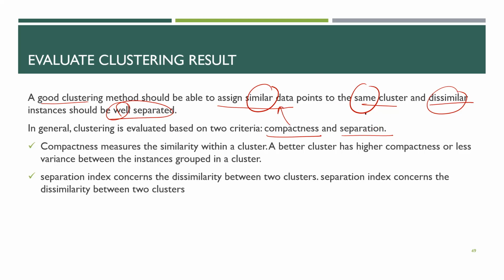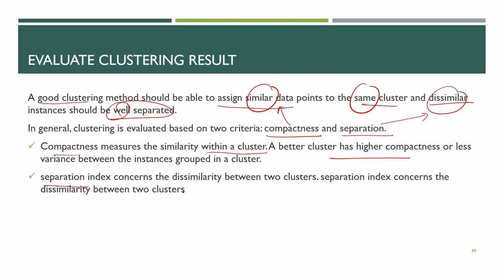Separation is the representation of different data put in different clusters. Compactness measures the similarity within a cluster. So in one cluster, how similar are our instances? Of course, higher compactness is better, meaning less variance between data inside one cluster.